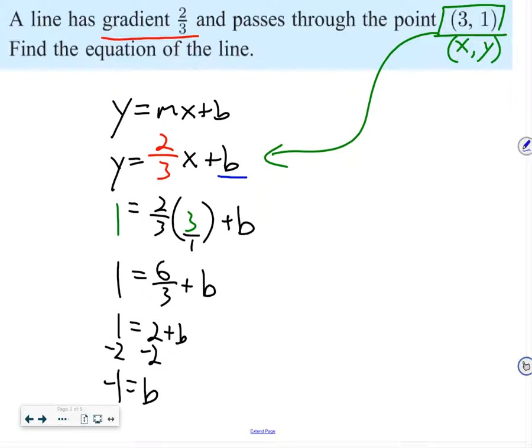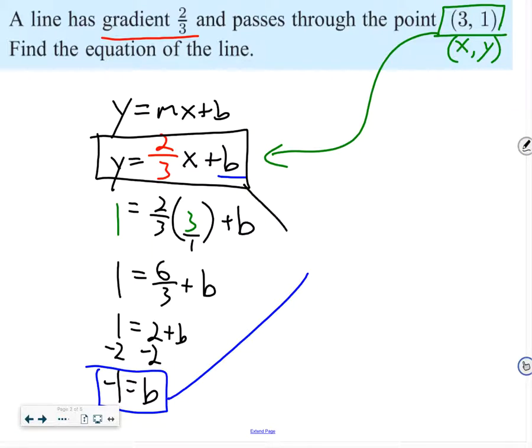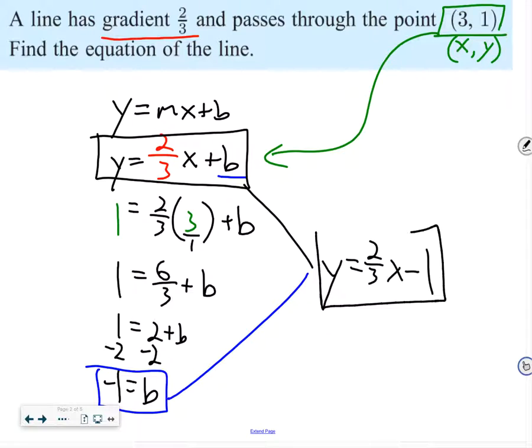Okay, now that I know my b value, I take that and what I had from before, and put them together, and I have my complete equation. I have y equals 2/3 x minus 1.